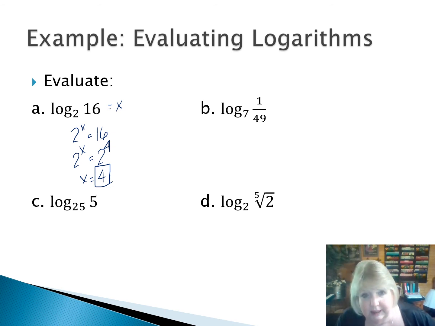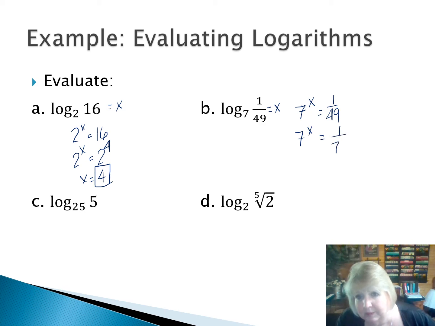Let's try it again. Log base 7 equals x, if you want. So that's 7 to the x power equals 1 over 49. Well, I cannot write 7 as 49 to some power. Actually, I could. I just don't want to. So I want to write 49 as 7 squared.